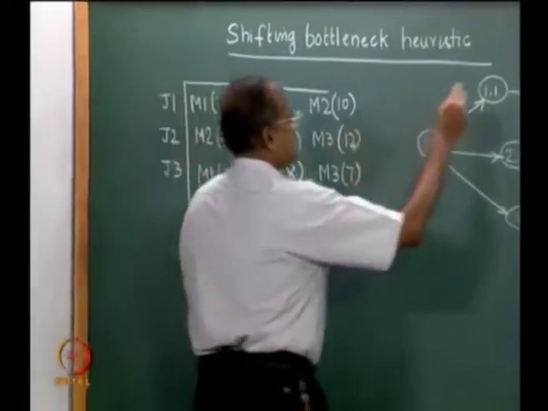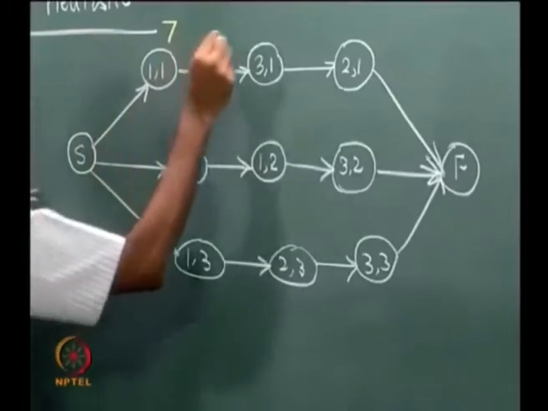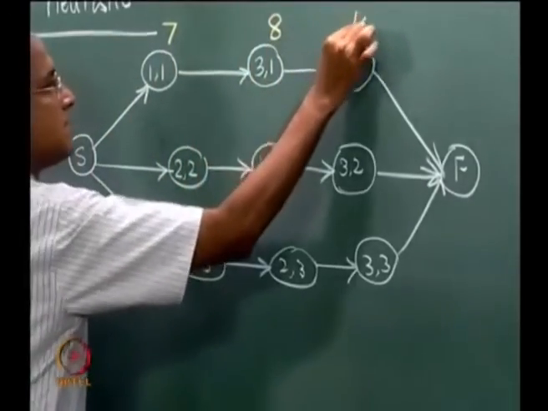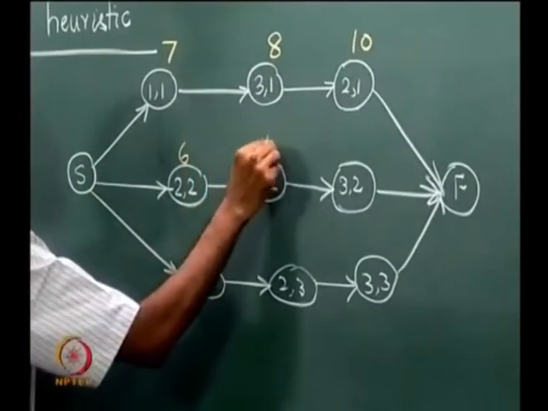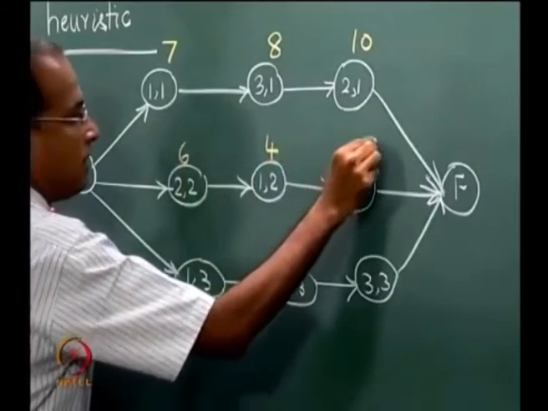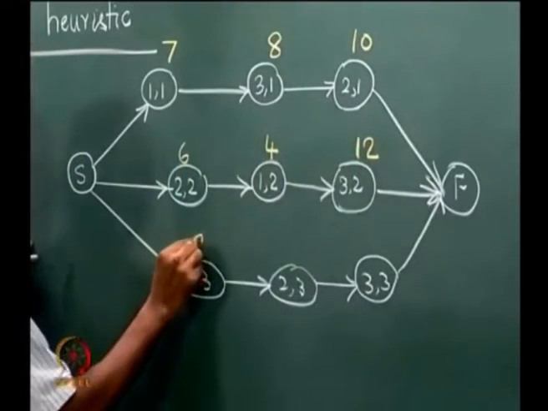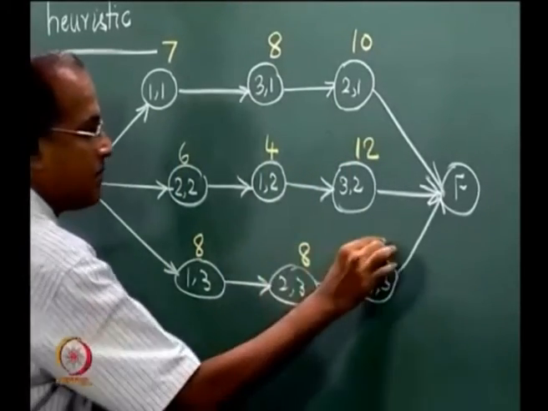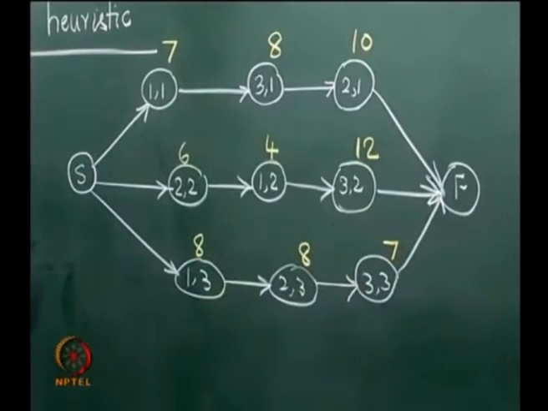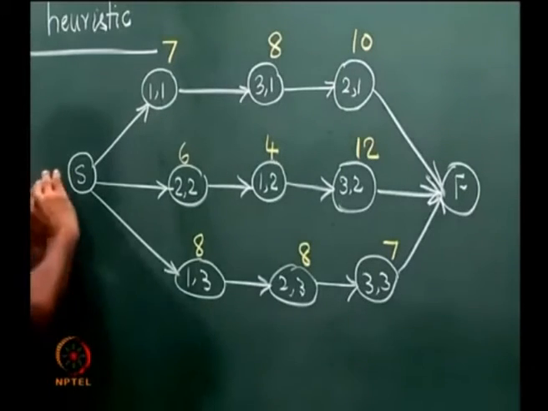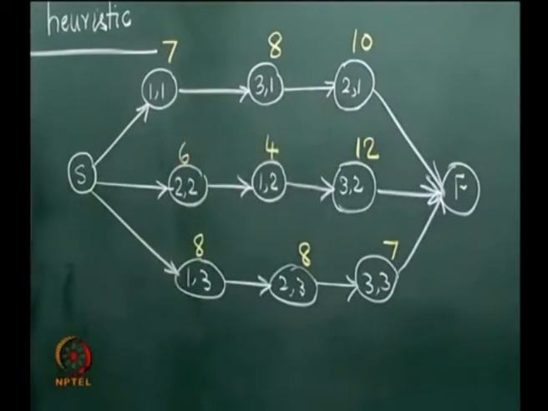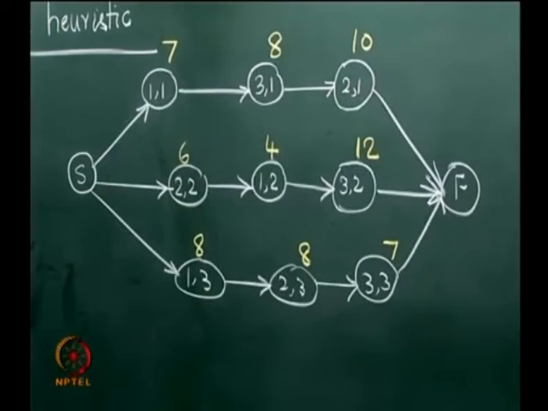So this has value 7, this has 8, this has 10, this 6, 4 and 12, and this is 8, 8 and 7. So left to itself, each job will go through these machines, and the order of visit of these machines is captured.